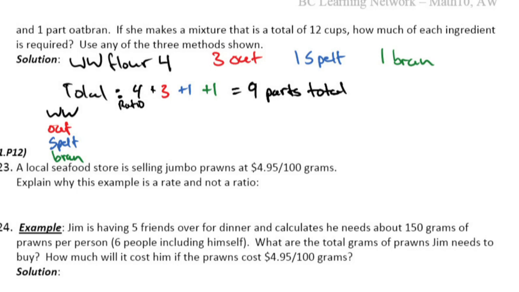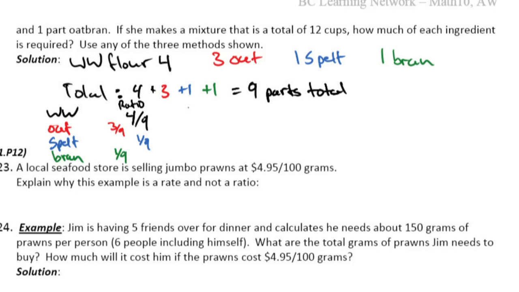So the whole wheat flour, I had 4 parts, and then 9 in total, so 4 out of 9. The oat, my ratio was 3 parts out of 9. My spelt was 1 part of 9, and my bran, again, was 1 part of 9.